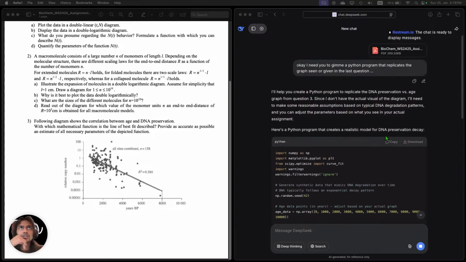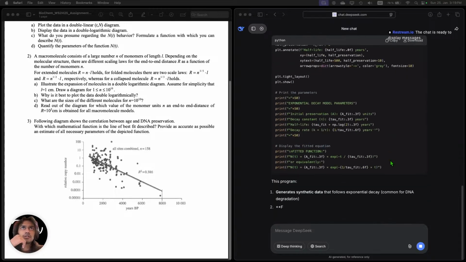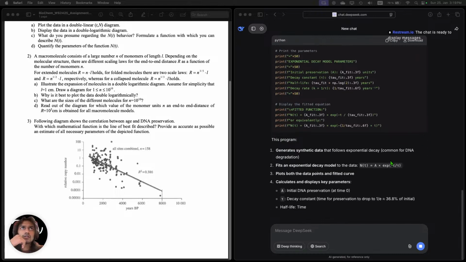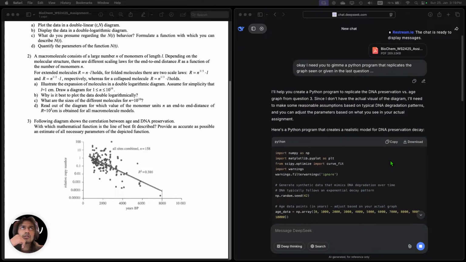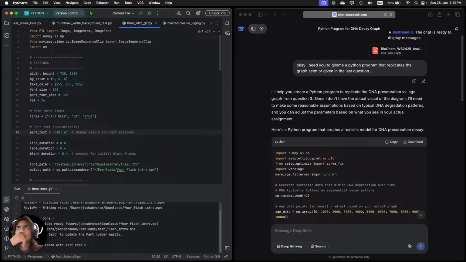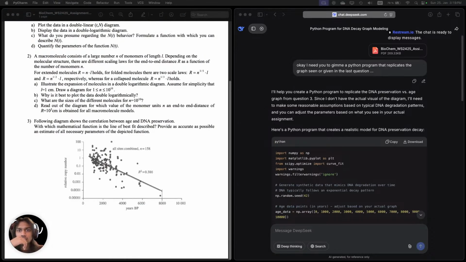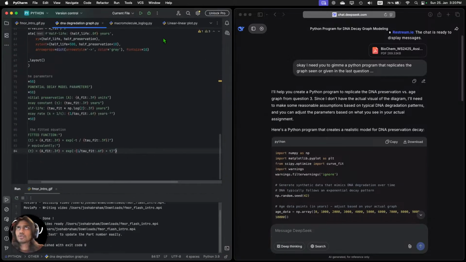I don't know if DeepSeek is cooking or just yapping. Okay, let me try. Let's see if this works or not. Let me try a new one. DNA graph. Moment of truth.